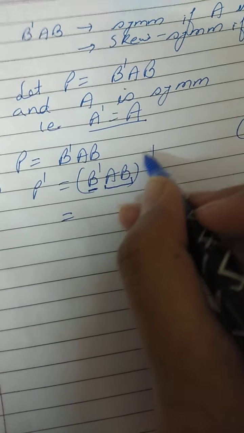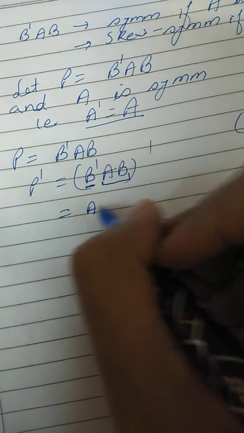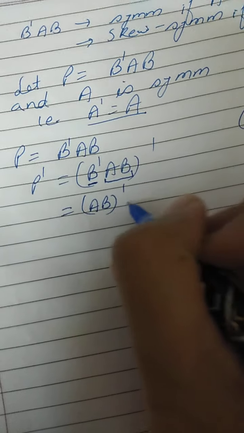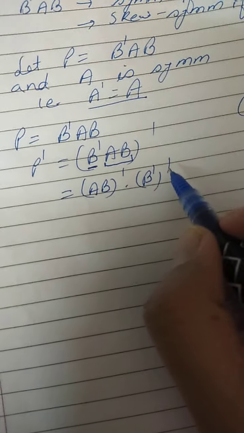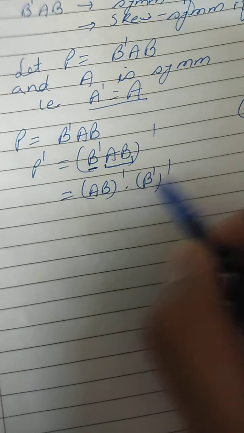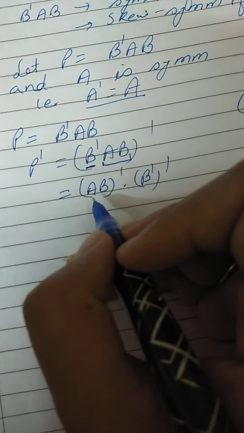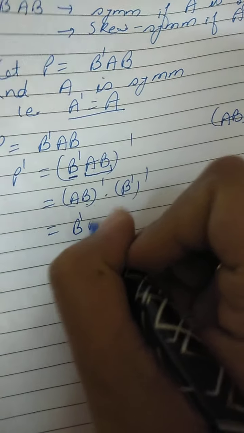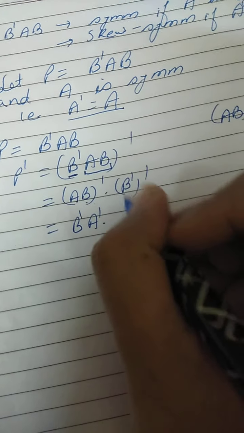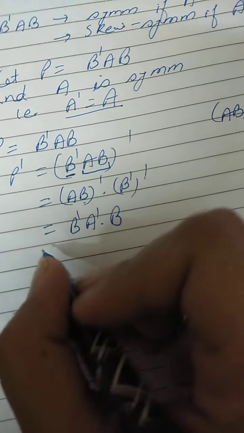So here what will happen when I am taking the transpose? It will come AB whole transpose into B transpose of transpose, and we know transpose of transpose will give us the matrix back. And here when I write down AB whole transpose, once again this same result we will apply here. It will come B transpose A transpose, and here B will come.